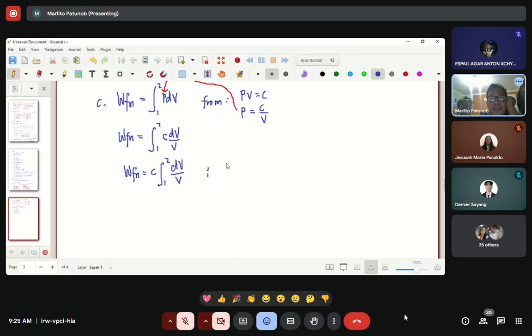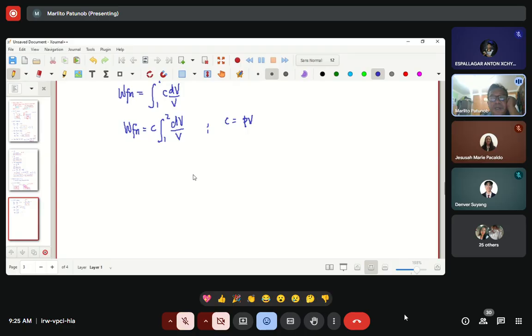But C equals PV, right? So your work non-flow is PV, and the integral of dV over V is ln V2 over V1, no? So, okay.